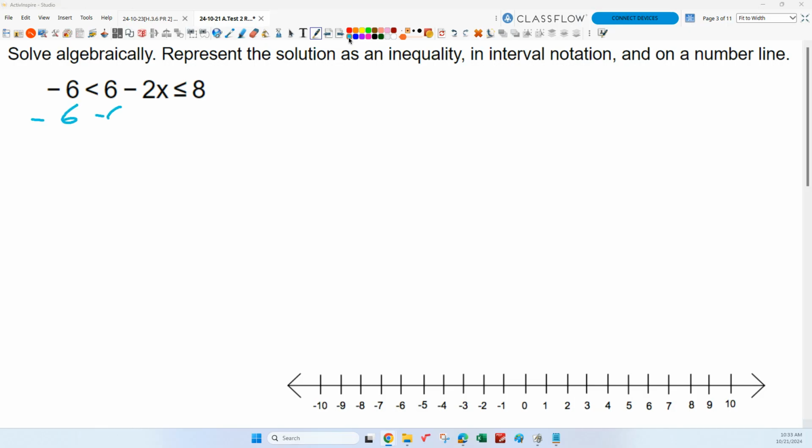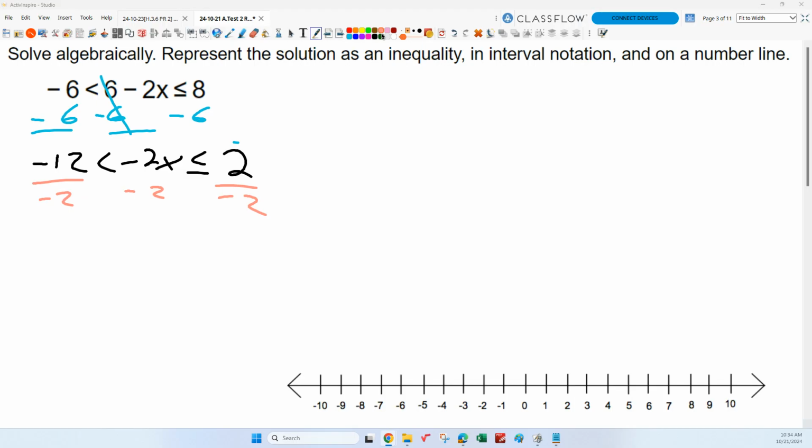We're going to subtract 6 from all three parts, which cancels that 6. That gives us negative 12 over here. I get a negative 2x in the middle, and 8 minus 6 is 2 on the right. What's next? Divide by negative 2, which means what?